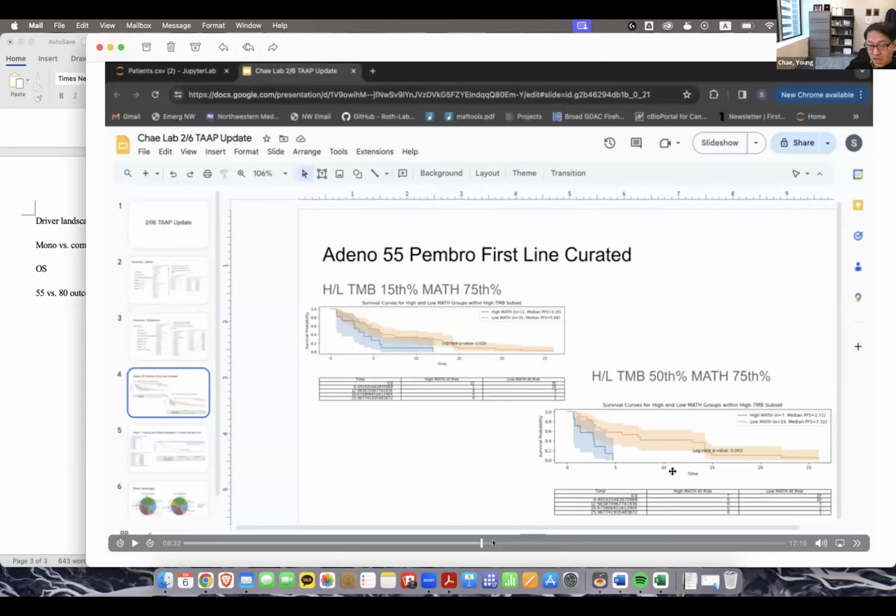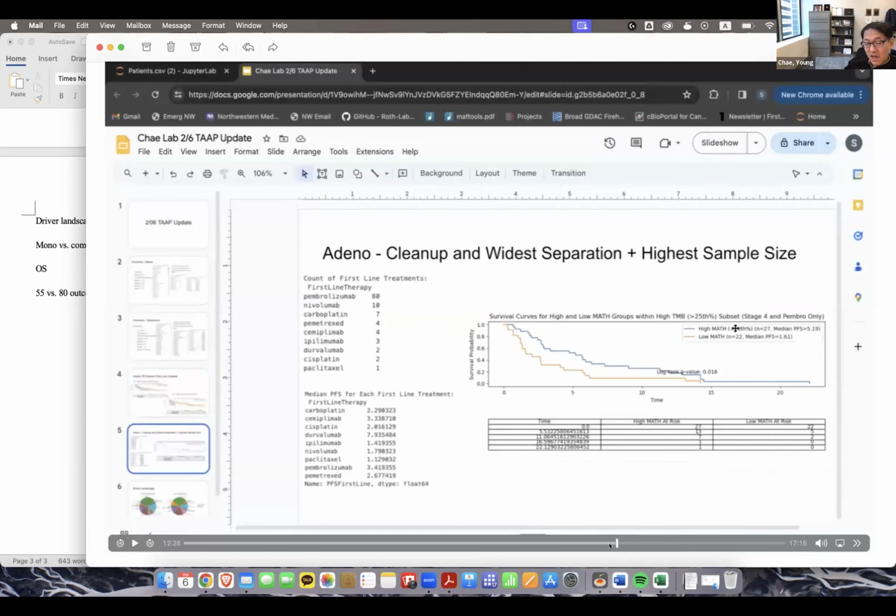Can you go to the next page? If you have a 25% cutoff for TMB, then you have 27 and 22 patients.